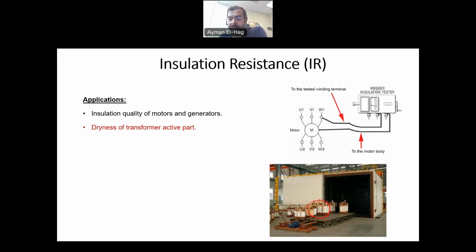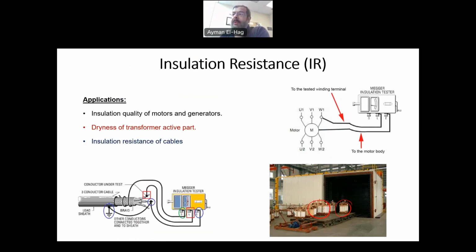So usually we put the active part, which is composed of the winding and the core, inside an oven, and we dry it for several hours to make sure that there is no moisture absorbed by the insulation paper. How to ensure that the drying was effective? We measure the MEGGER test of the insulation of the transformer winding.